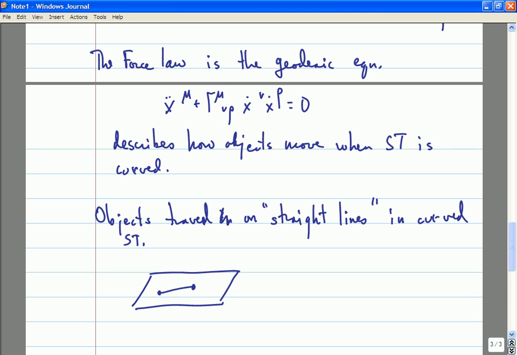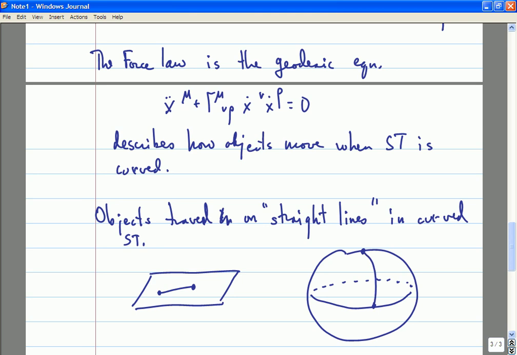So the simplest curved geometry that you could think of might be a sphere. And indeed, you know that there's no such thing as a perfectly straight line on a sphere. But there are such things as lines which are as straight as possible, given the fact that the sphere itself is curved. So such lines you have surely encountered in your lives. They are known as great circles or arcs of great circles. And the geodesic equation, the force law of general relativity, just says that objects move on lines which are as straight as possible on this curved spacetime.